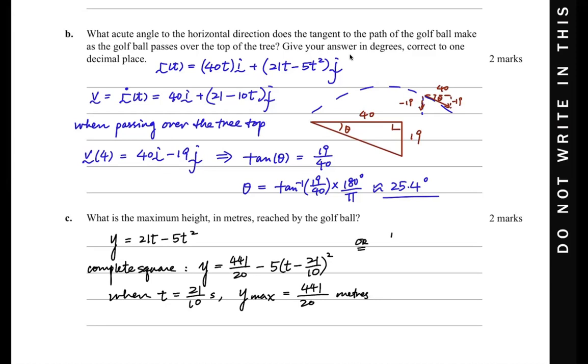Alternatively, you could do dy/dt equals 0. So 21 take away 10t equals 0. t equals 21 over 10. Then you substitute that t value into the y function here. You will get exactly the same answer as in the first method.